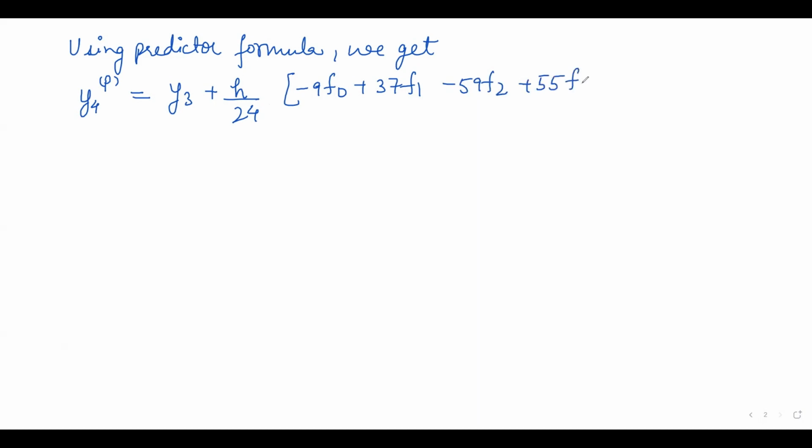It's a little bit confusing, but if you could remember, it will be very easy because these are easy methods. You just need to remember the formula and put in the values and you get the answer. So very scoring. So now putting the values here, y3 is 0.6841, h is 0.2 divided by 24. Now multiplying the values here quickly.